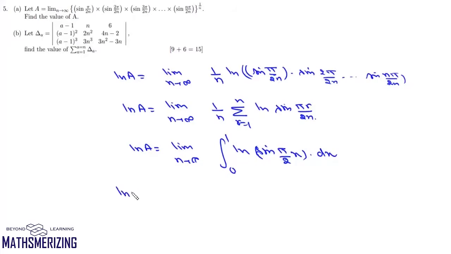So we can write log a as this integral from 0 to 1 of log sine of pi by 2x into dx. Now what we'll also do is let pi by 2 into x be some t.